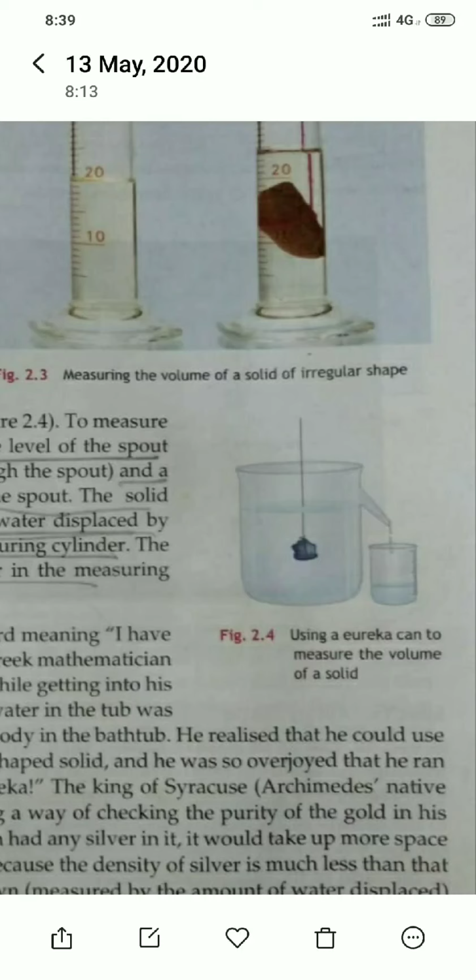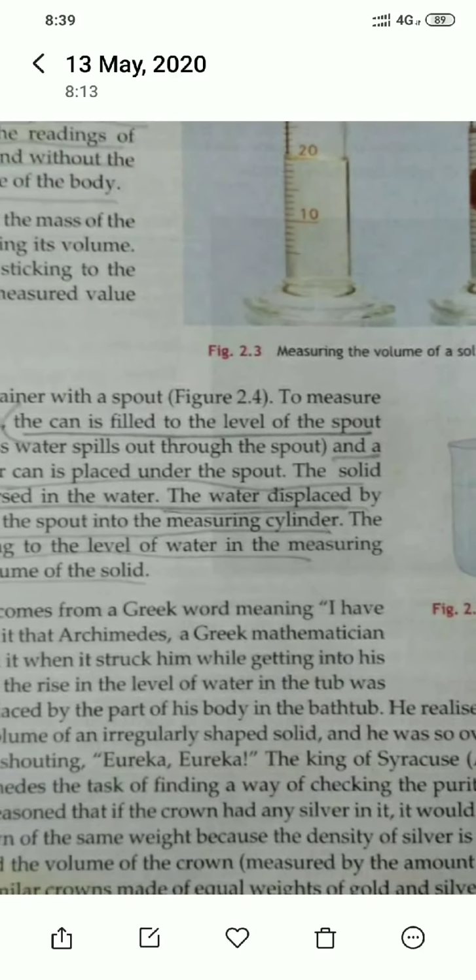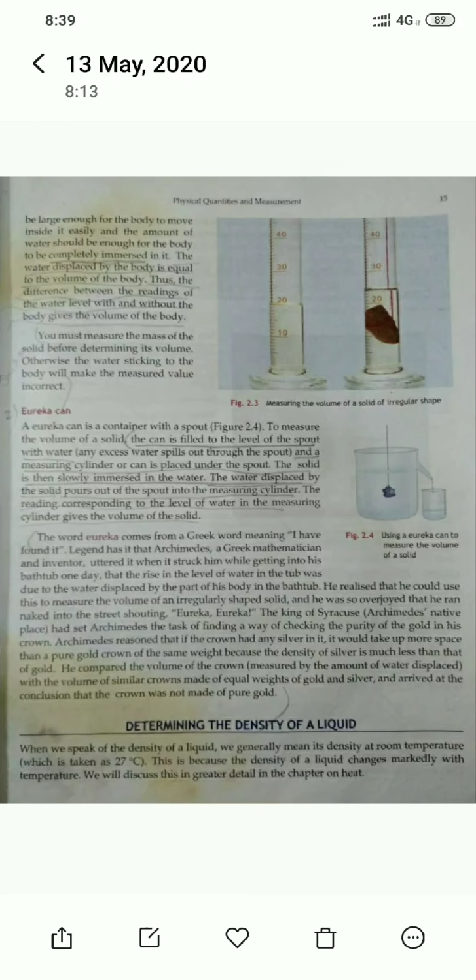There you put a beaker that will easily measure the amount of water that is coming out. The beaker already has graduations on it, so you will measure it and that will give us the volume of the irregular solid.